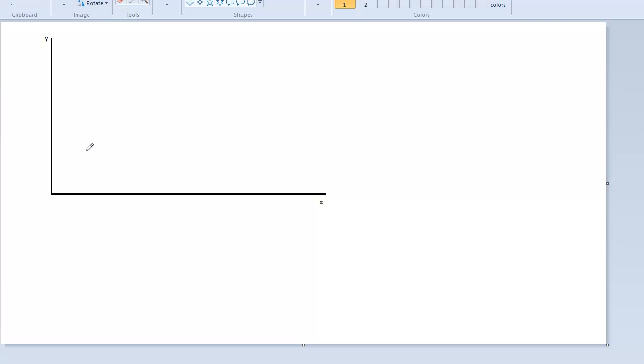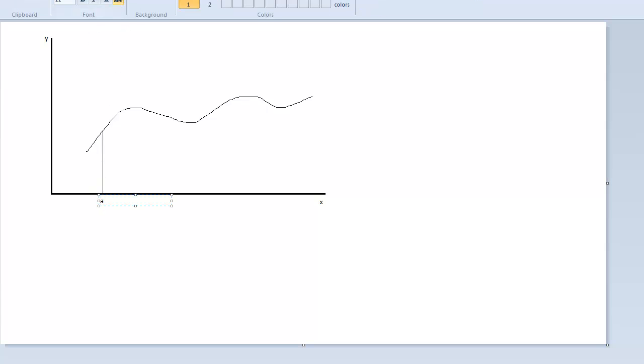Assume that we have some function such as this one, and we are given bounds, the lower bound a, say here, and b, say b is gonna be here. And we are going to calculate the integral of this function between two bounds a and b.